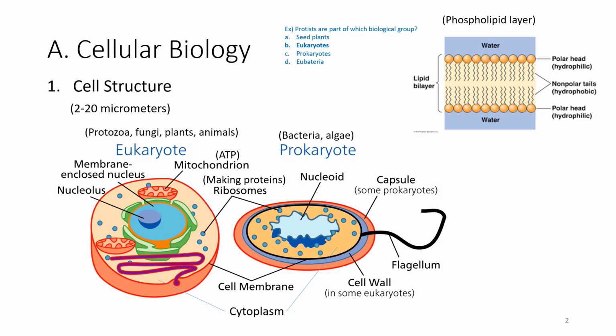Second, there are two types of cells based on whether they have a nucleus or not. They are called eukaryotic cells if they have a nucleus containing all the genetic material. Eukaryotic cells are found in plants, animals, and single-cell protozoa.